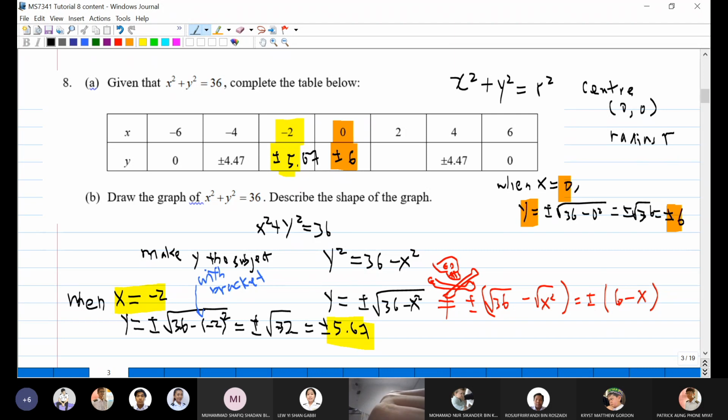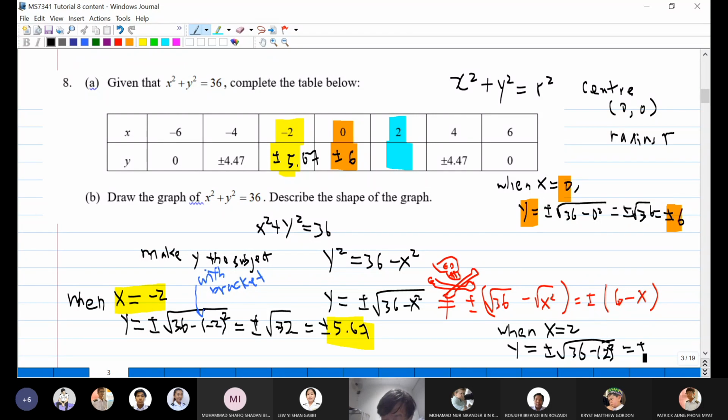And then finally, the last unknown: what happens when x equal to 2? When x equal to 2, y equal to plus or minus square root of 36 minus 2 squared. You also put a bracket there.